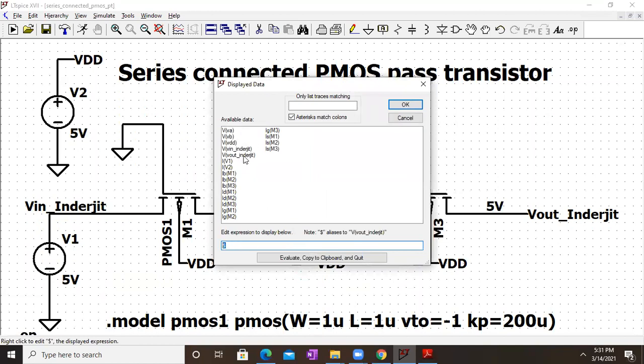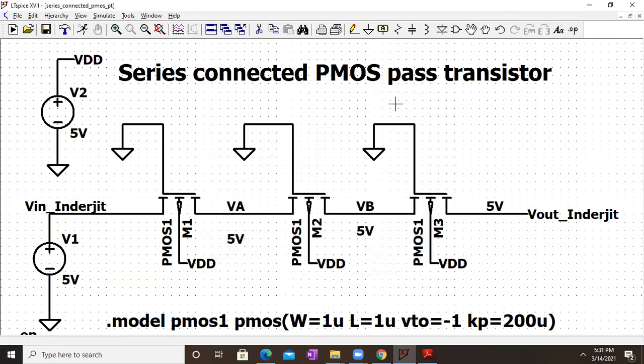Is it a surprise? No, it's not. It's the property of PMOS pass transistor logic. It passes a strong logic 1. So your logic 1, 5 volt, is applied here. Since the PMOS is on, it passes logic 1 as it is. The output of the first transistor is the input of the second transistor. So VA voltage is 5 volt, VB voltage is 5 volt. And the output of the second transistor is the input of the third transistor, which is 5 volt again.